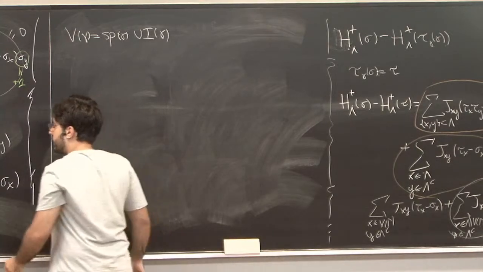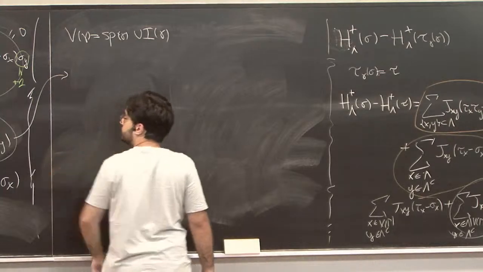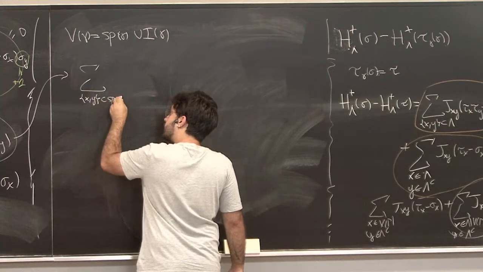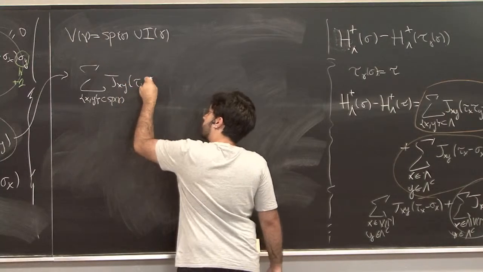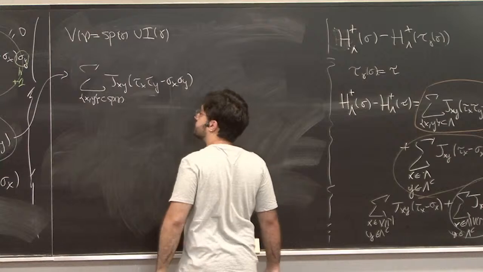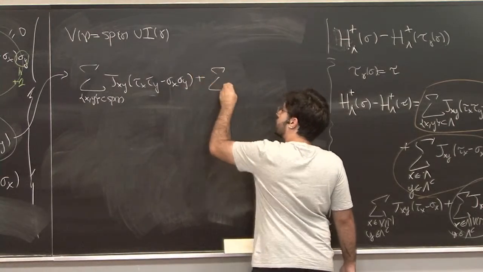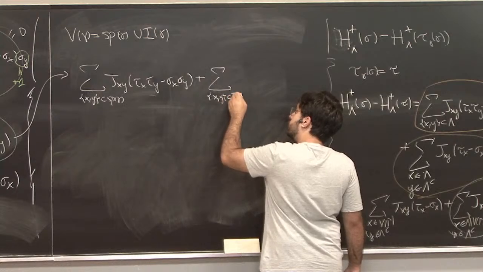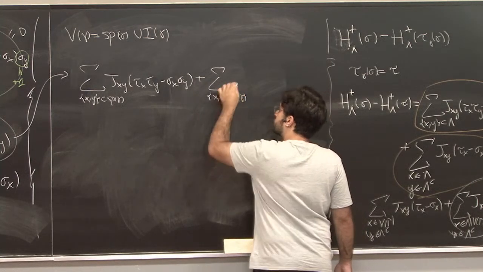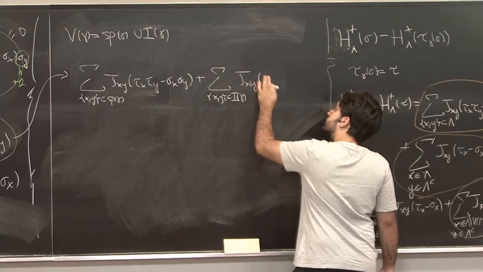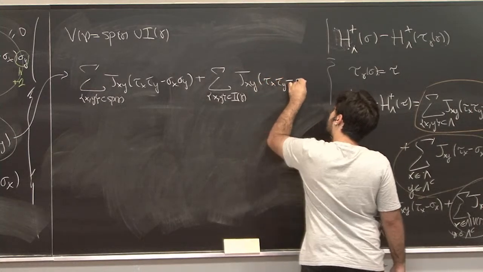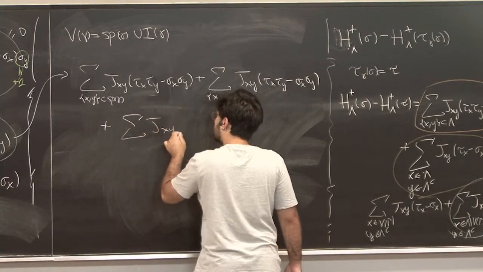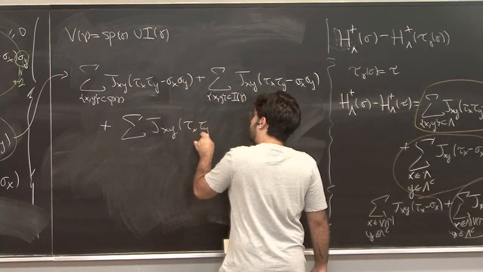And then what I get for this quantity here is, again, the sum of xy inside the support, tau x, tau y, minus sigma x, sigma y, plus what is happening inside the interior, plus a term that is interacting between both regions.